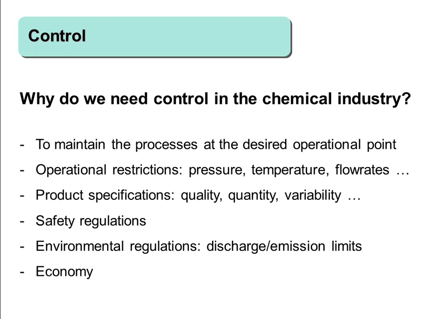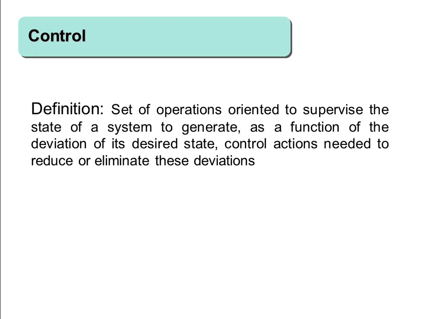Maybe working at a very specific operational point is much better in terms of the economy of the process. So we will want to work at this operational point to improve the economy and also to accomplish all the safety and environmental regulations.